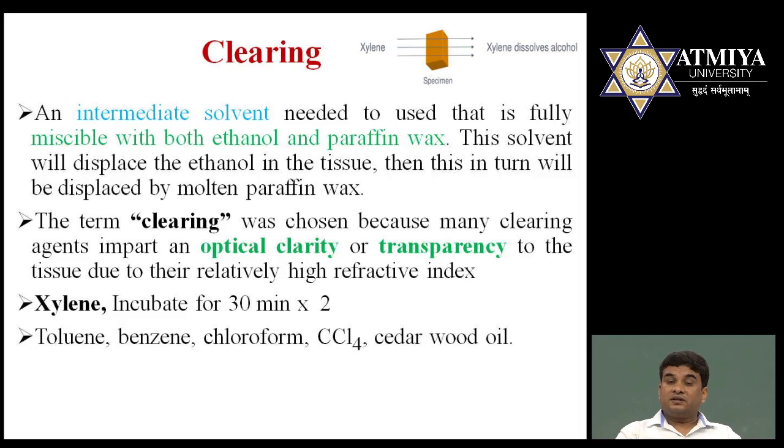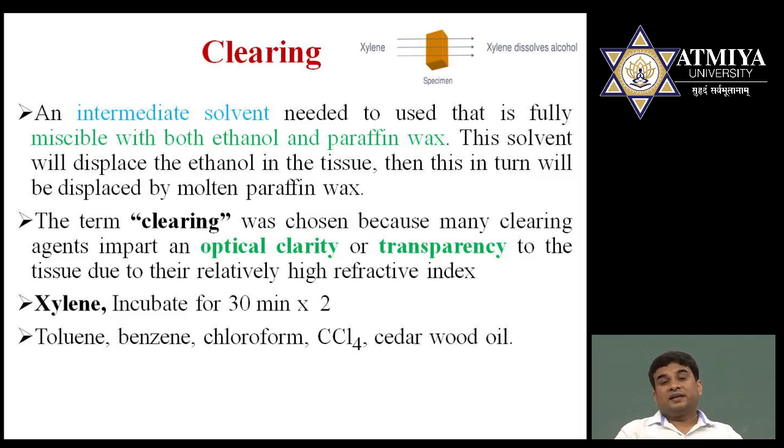First it will remove the dehydrating reagent from the tissue, and finally it is replaced by the wax. So in clearing, the dehydrating reagent is removed from the tissue, and finally xylene is placed inside the tissue. This is called the clearing reagent.